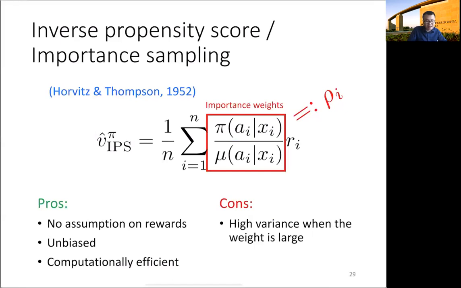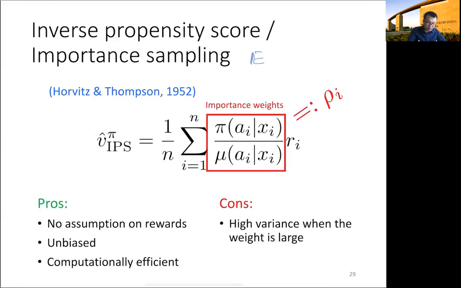In this case, we get an unbiased estimator, no matter how complicated the expected reward function is of the target policy, right? This will work if the logging policy is randomized. It's easy to prove that this is unbiased.